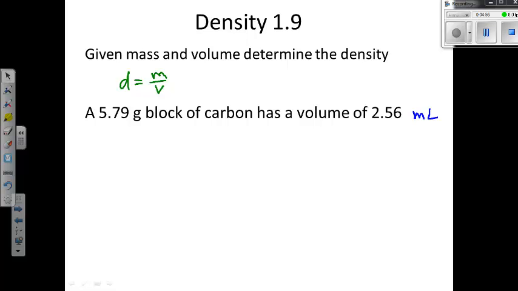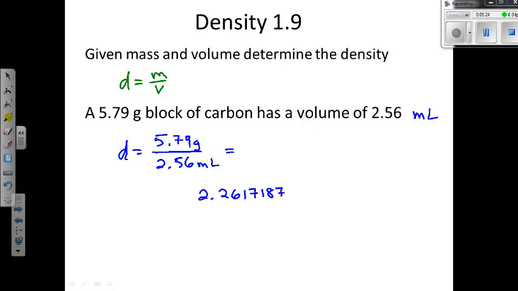then density is equal to mass, 5.79 grams, and 2.56 milliliters. And really, all we have to do is do the division. I put the numbers in the calculator.